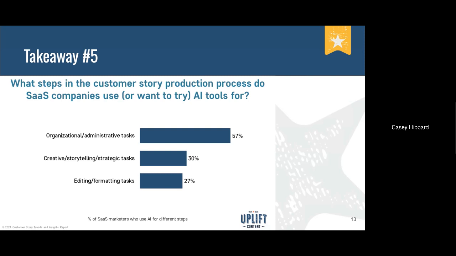I like AI for taking interview transcripts and summarizing. I'll say, would you summarize the challenges for me? Summarize the outcomes for me, that kind of thing, to save time on the front end of just organizing a lot of information.